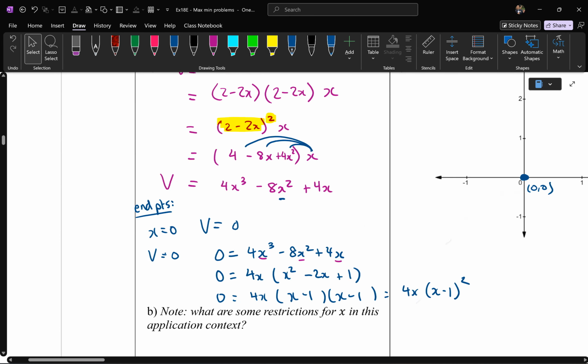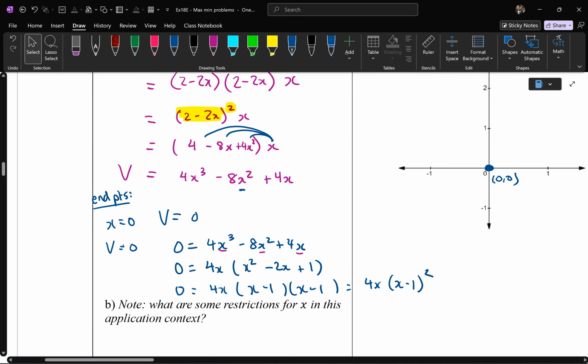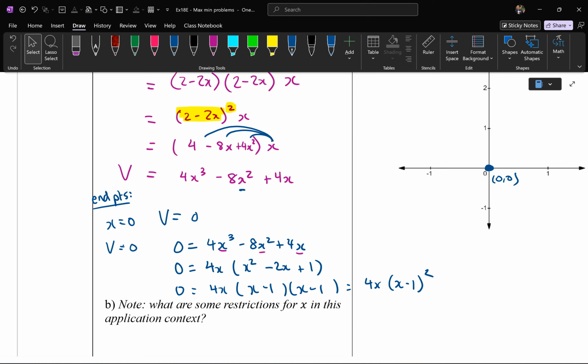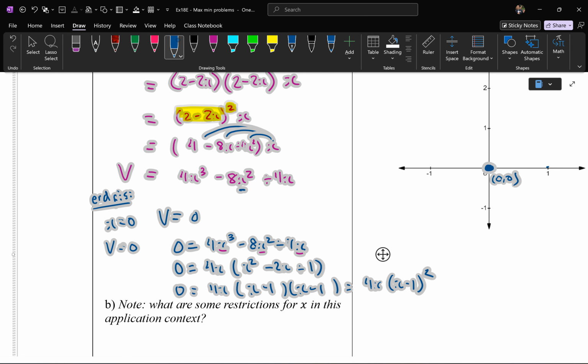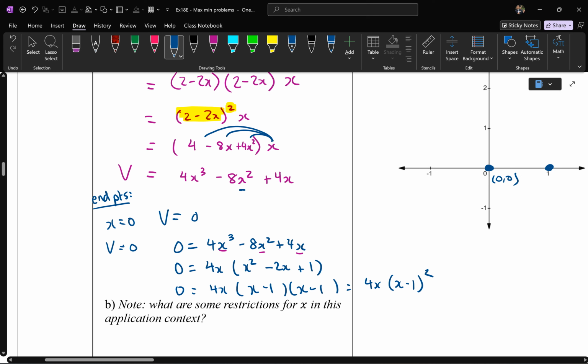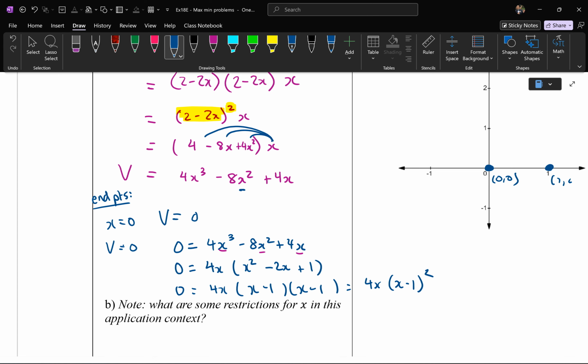So where are my x-intercepts then? Clearly it's at 0 and 1. Very good. Because you're solving for when it equals 0. X minus 1 needs to equal 0, so x has to be 1 for that to work. So conveniently, we've got two axis intercepts there. So it's 1, 0, and 0, 0.